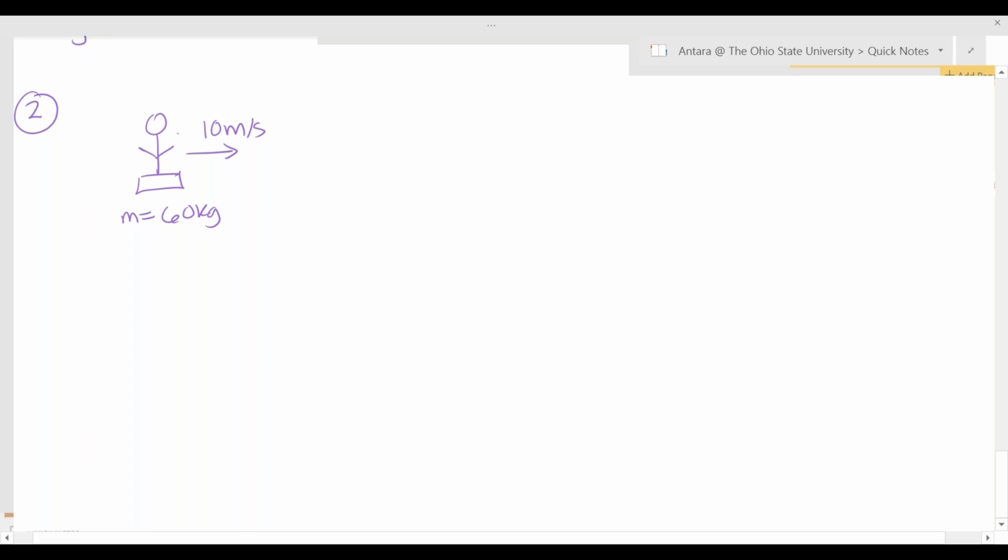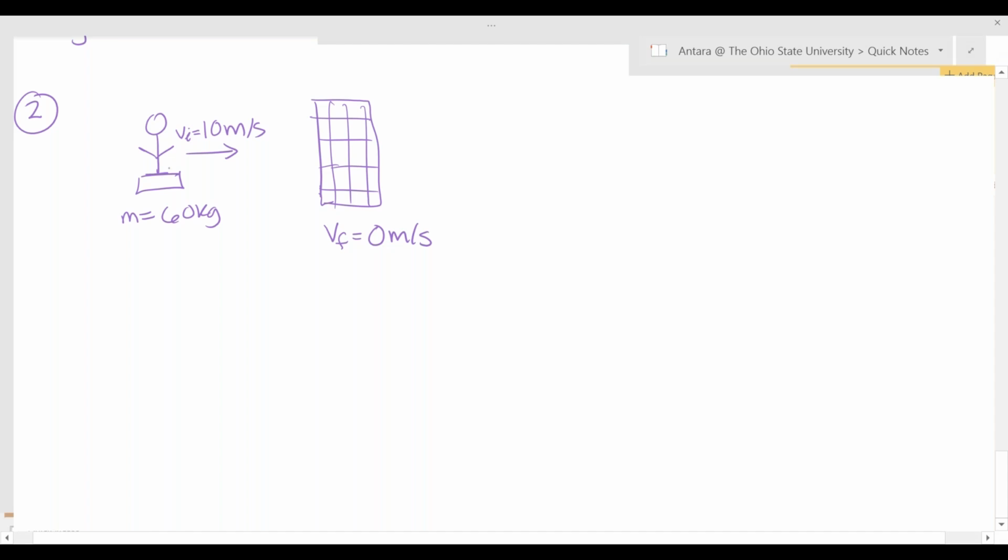And this 10 meters per second is the initial velocity. But they come to this brick. And so then their final velocity, because they come to a complete and full stop, is 0 meters per second. So we want to see how much work is done by the bricks on the skateboarder after hitting.